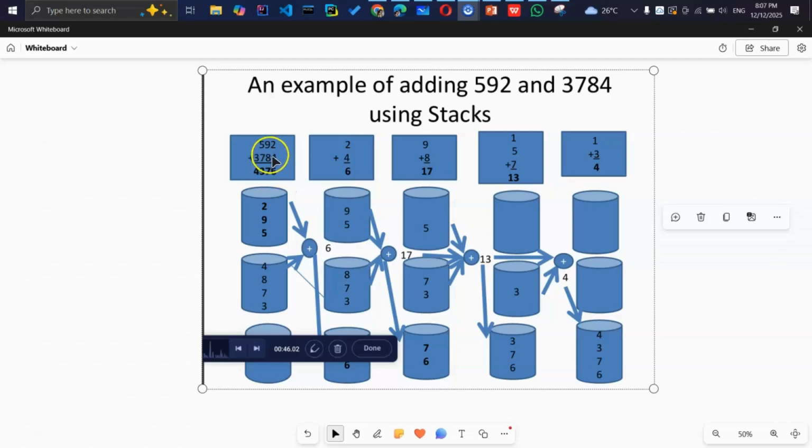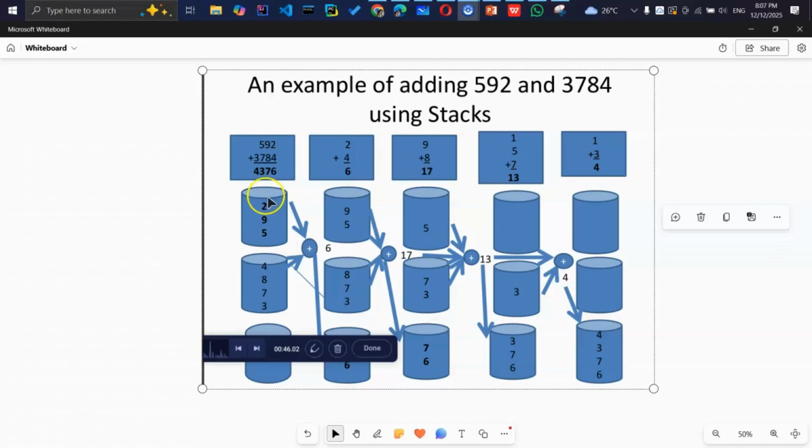Okay, let's see. 5 9 2. Push into the stack 5, 9, 2. Then get the top value of the stack.